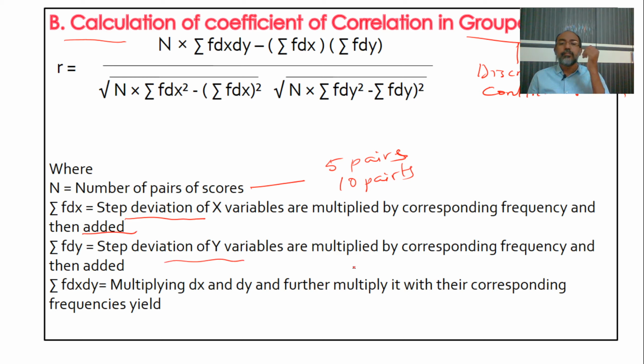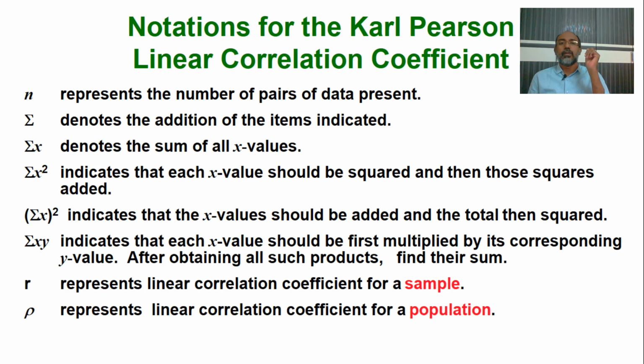Okay, then we'll go to the notations. What are the notations? So n is represented, as we know, the number of pairs. Sigma, we know, is the summation. Sigma x means the sum of all x values.